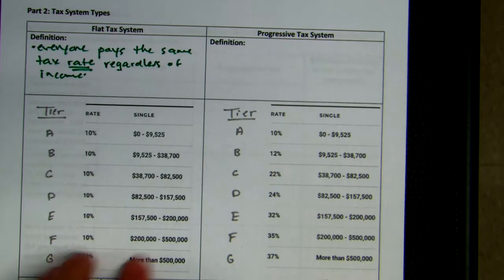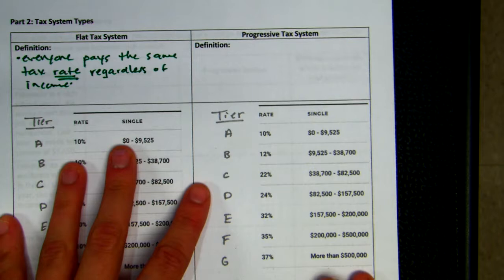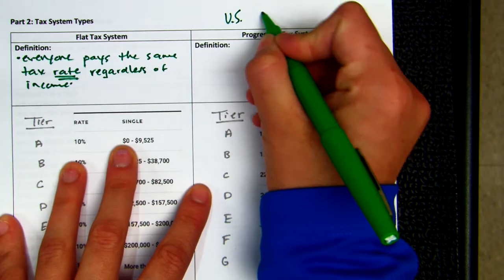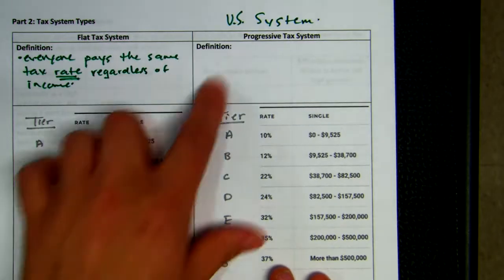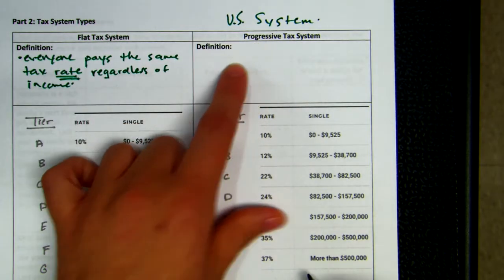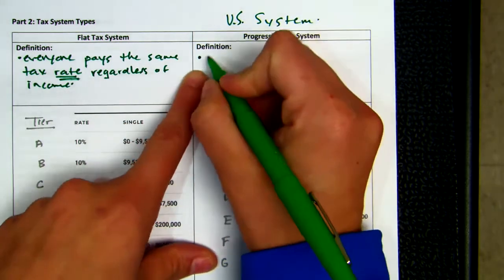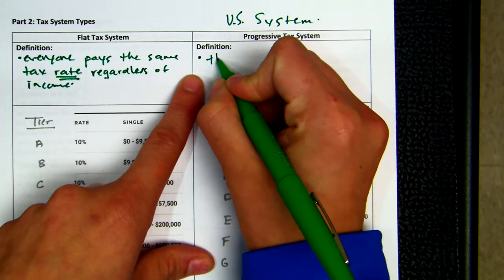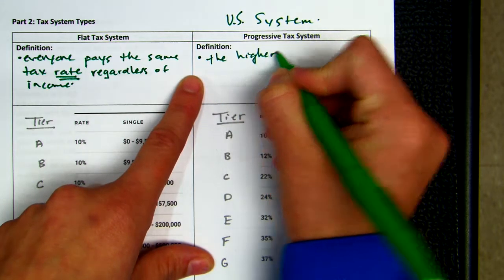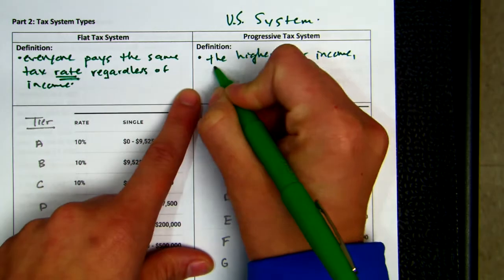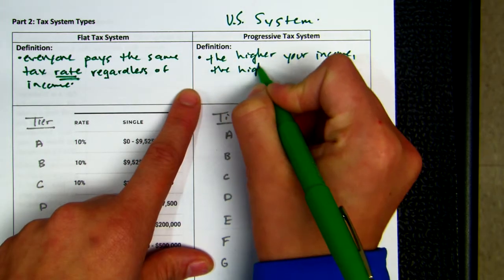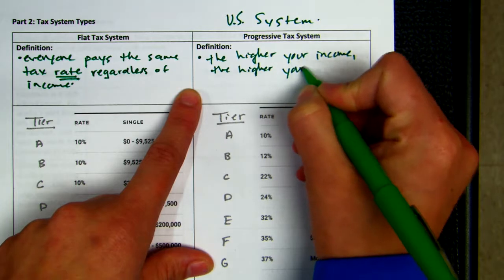The other type of system is the progressive tax system, which is the U.S. system. This is what we operate under right now. The definition of a progressive tax system is the higher your income, the higher your tax rate.